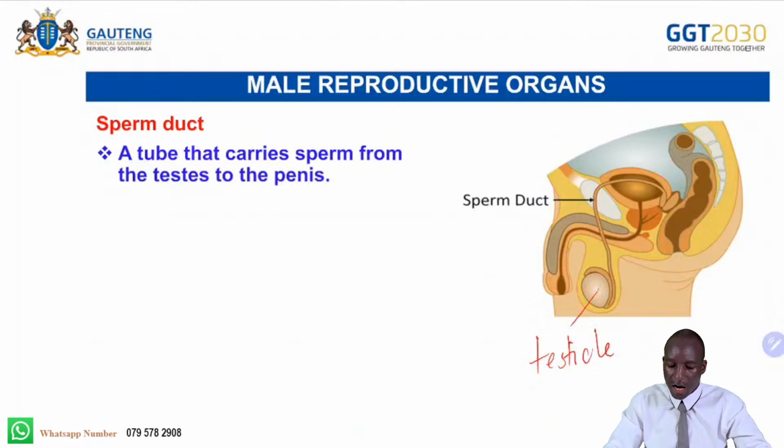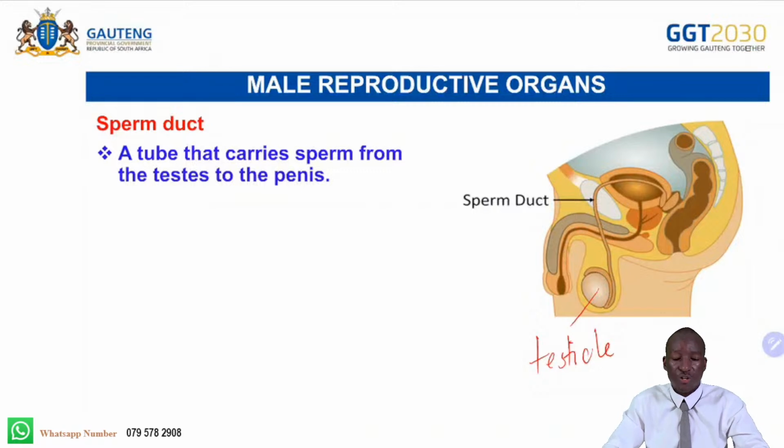In the testicle, that's where we've got the production of sperm. Once sperm is produced, it is then released. When it's released, it goes through that tube, which is called the sperm duct, and connects to the penis, which then passes that sperm into the vagina, so that fertilization can take place.